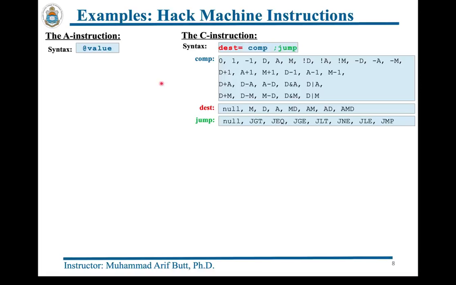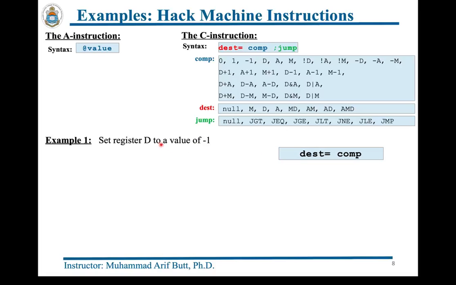And here is the syntax of A instruction for your ease, and here is the syntax of the C instruction. And let's suppose that there is a programmer who wants to set the register D to a value of -1. So this can be done using the C instruction, using destination is equal to computation syntax.